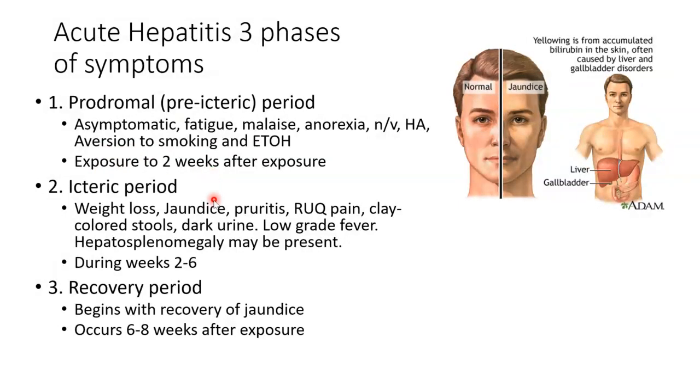Then they go into the icteric period, which is when they become jaundiced, something that you're familiar with: yellowing of the skin from accumulated bilirubin in the skin.